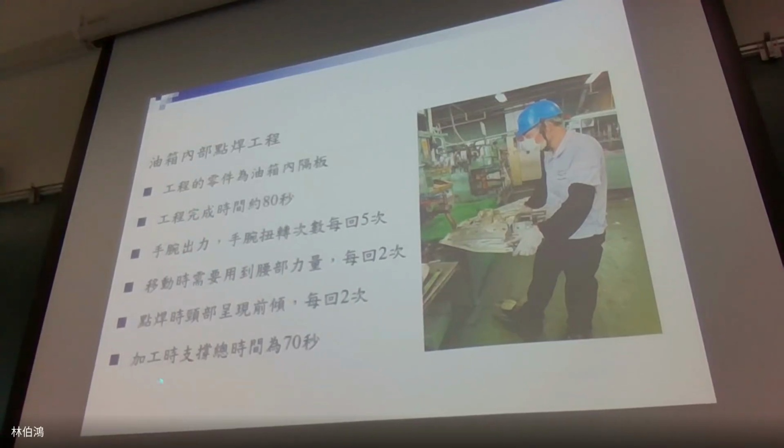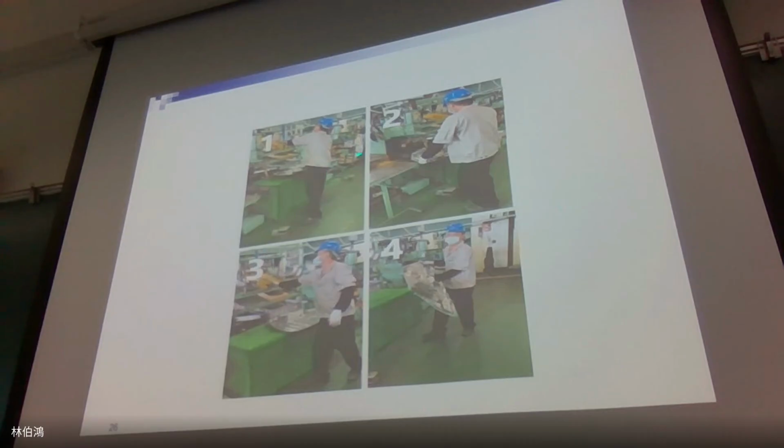And just like the previous operation, you need to twist your wrist about 5 times, use your waist strength about 2 times each, and your neck needs to bend forward. You also need to hold the cover. And this is the 4th step of the inner cover station.